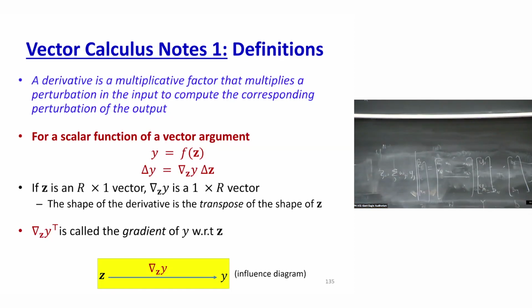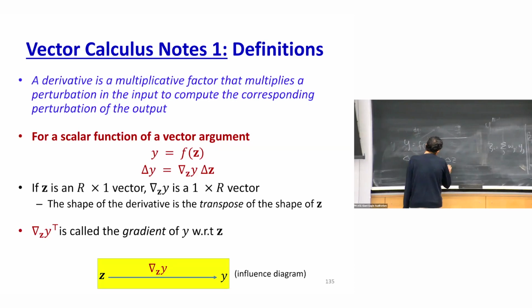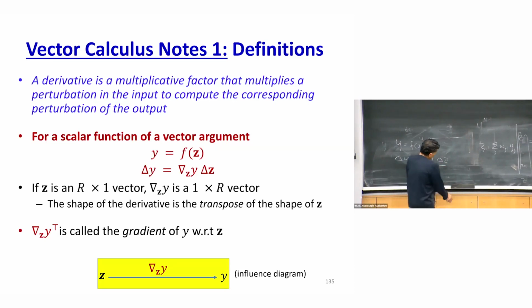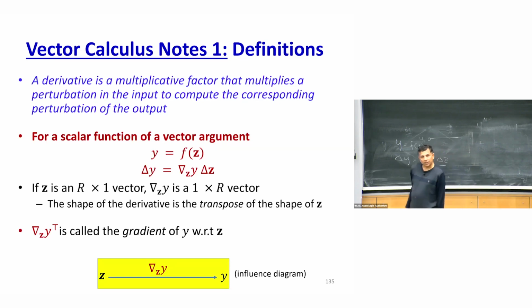This is the same rule that we used for scalars. So this tells us two things. First, if y is a scalar and z is a vector, what is this derivative going to be? Using this rule.